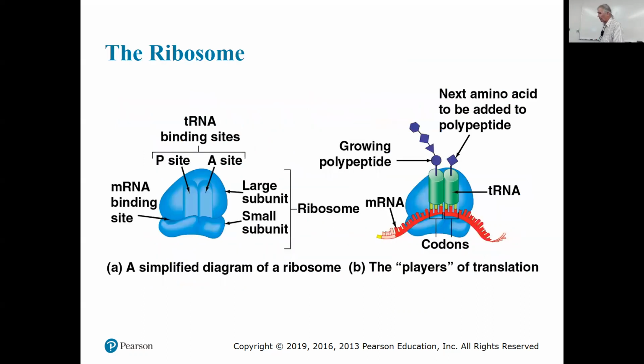So there you have the two subunits, and they come together on top of an mRNA. Here's the mRNA right here, and here are the tRNAs that are bringing amino acids to the ribosome to be put in a linear array.